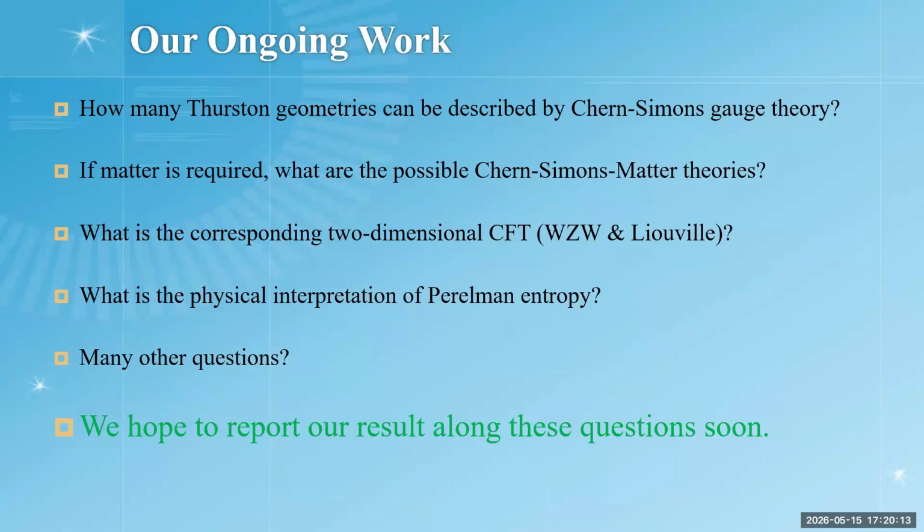But this entropy will be different from Bekenstein-Hawking entropy, because Bekenstein-Hawking entropy is for black hole solutions, but most geometries are not related to black hole geometry. Then what is the physical interpretation of Perelman entropy? That's an interesting question. Do you have some formula for that entropy? There is an explicit formula, but I don't remember.